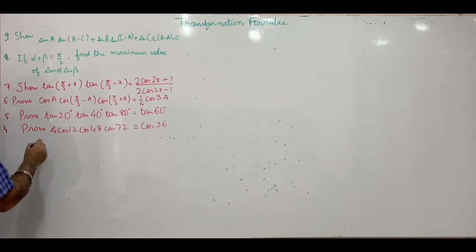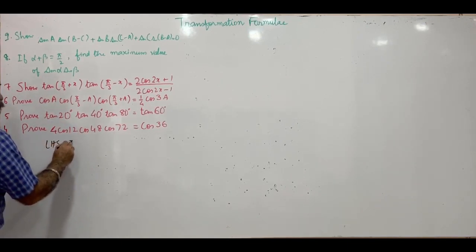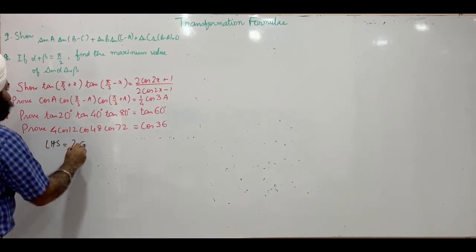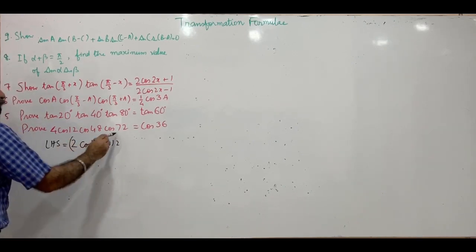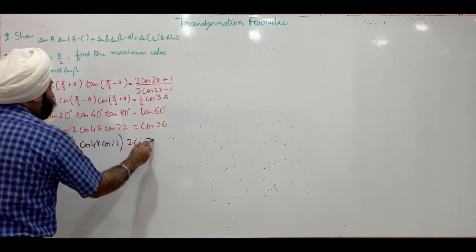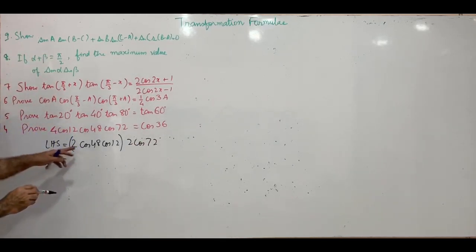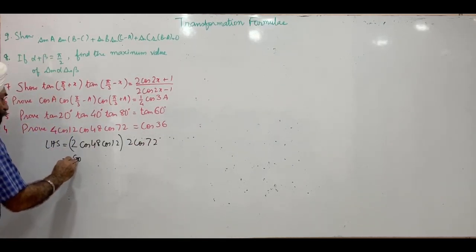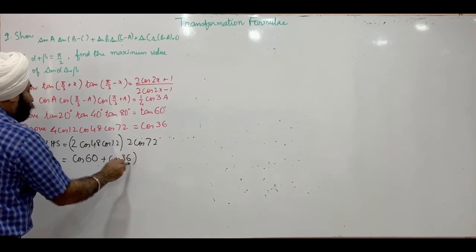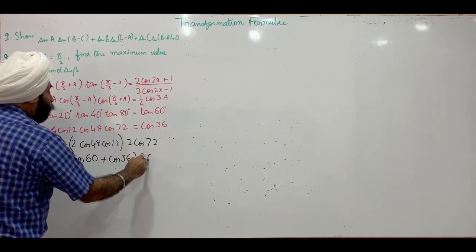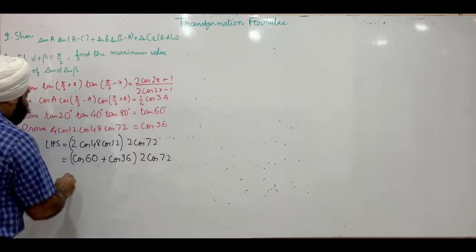Left hand side, let's write 2 cos of 48 cos of 12 into 2 cos of 72. 2 cos A cos B is cos of A plus B plus cos of A minus B, into 2 cos of 72.